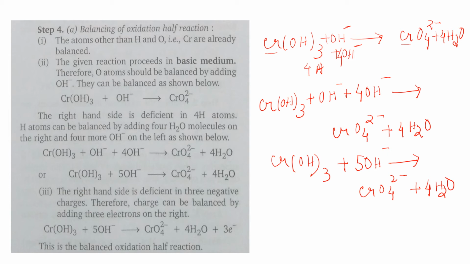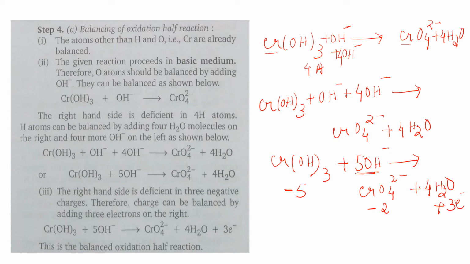Now here in the left hand side there are 5 negative charges and in the right hand side I am having 2 negative charges. So to balance it, I have to add 3 electrons in the right hand side.